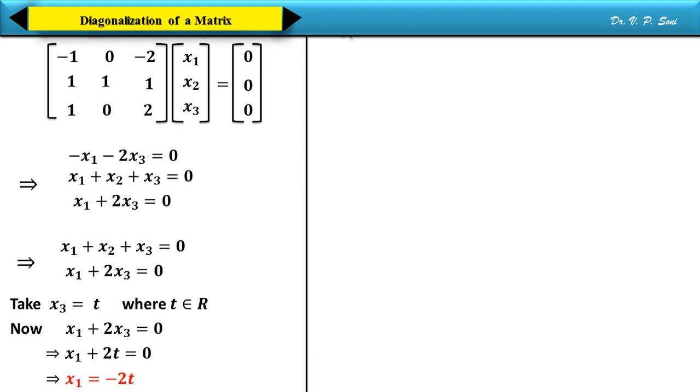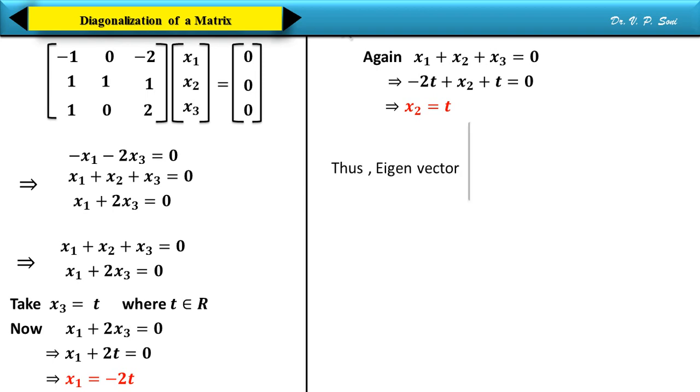Again put x3 equal to t and x1 equal to minus 2t in the first equation, x1 plus x2 plus x3 equal to 0. This implies minus 2t plus x2 plus t equal to 0. This implies x2 equal to t. Thus the eigenvector x1, x2, x3 equals the vector minus 2t, t and t.